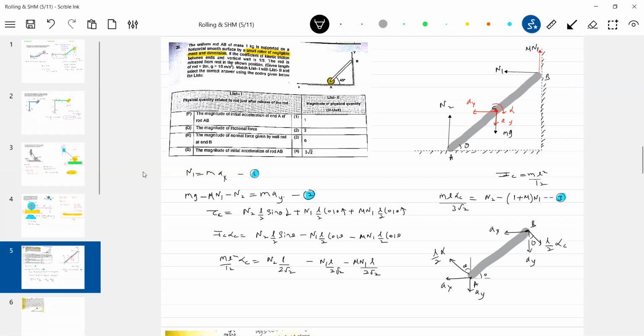So what is the constraint equation? Acceleration of point A along the y-axis must be 0, because the end A will be in contact with the ground. I just picked up this problem only to explain this constraint equation. Here, very important.